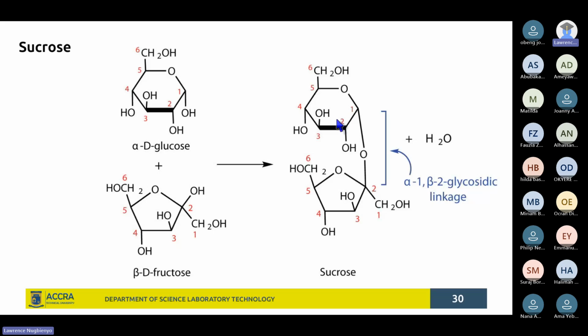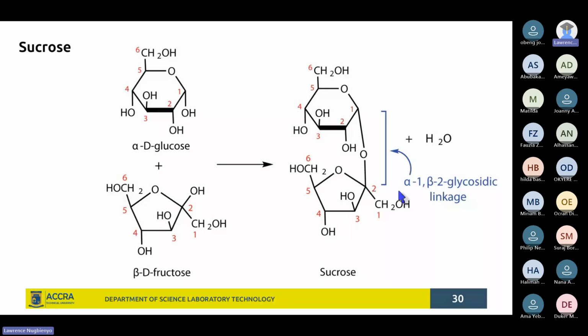But this particular one that you are seeing, the bond is between the glucose molecule, carbon number 1, and then the fructose molecule, carbon number 2. That's what you are seeing there.